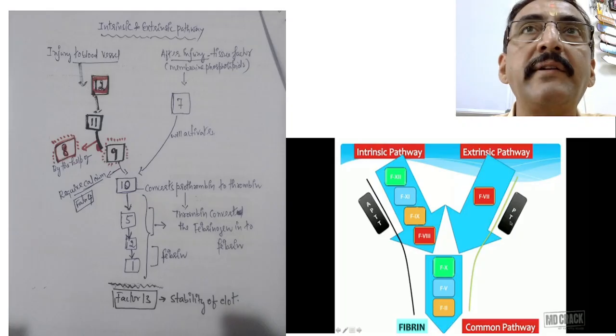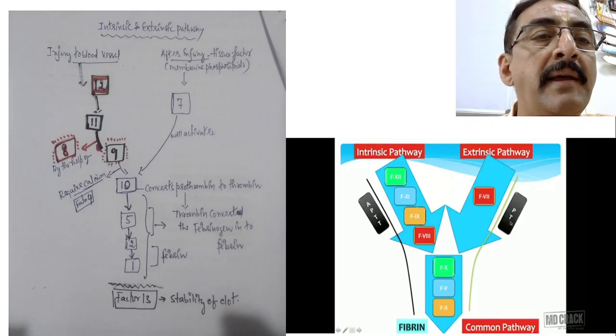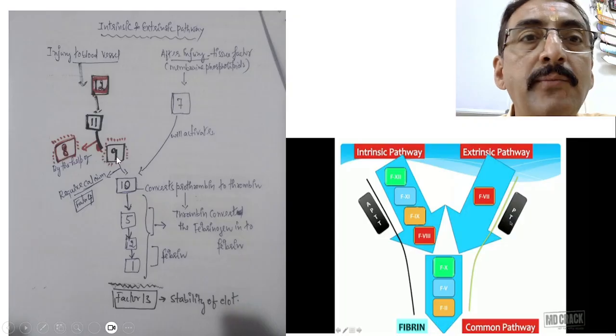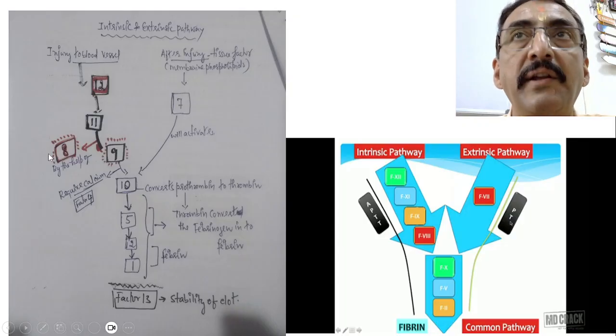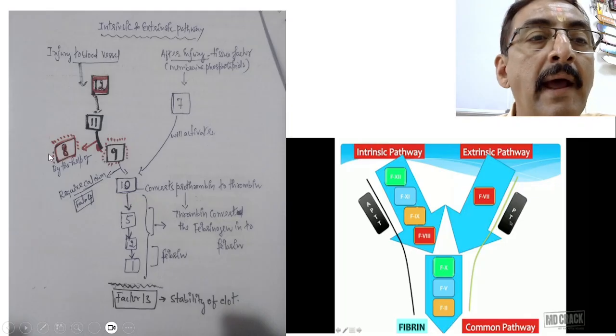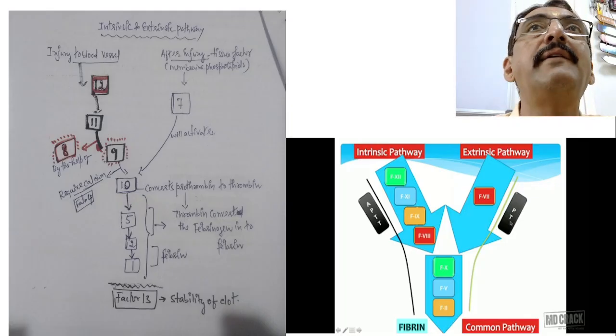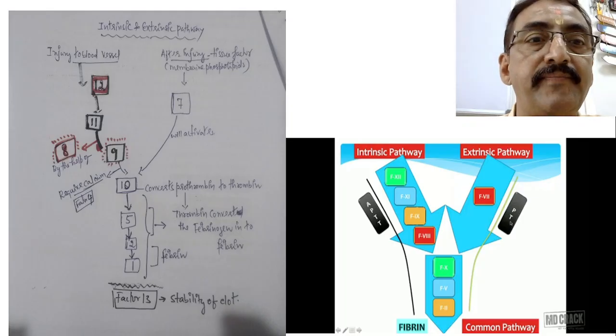Von Willebrand factor is basically called the factor number 8 stabilizing factor. Basically factor number 8 needs to undergo stabilization, and it needs von Willebrand factor to get stabilized.